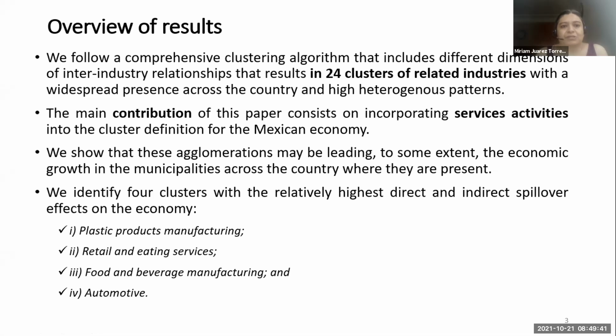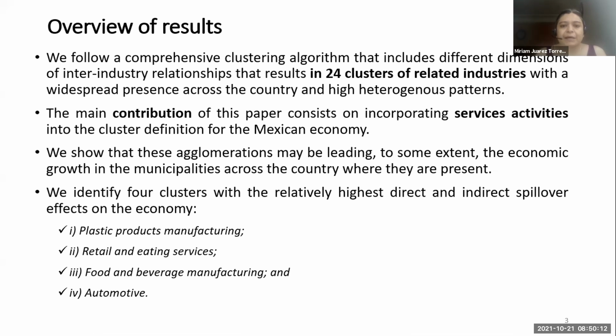In the overview of the results, we found 24 clusters of related industries with a widespread presence across the country, and these clusters present high heterogeneity across them. The main contribution of this paper consists of incorporating services activities into the cluster definition for the Mexican economy. Usually, for the Mexican economy, services activities have not been incorporated.